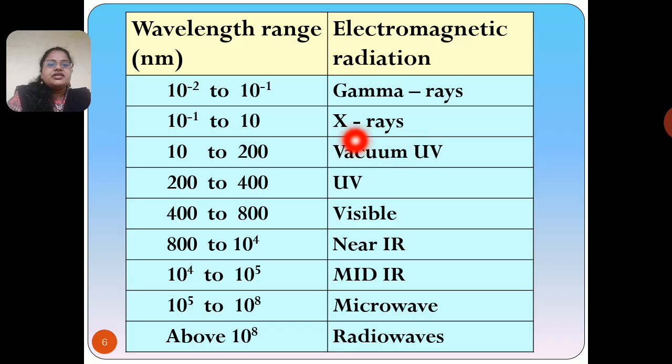Again, X rays have the wavelength range 10 raised to minus 1 to 10 nanometer. Likewise, vacuum UV, visible, near IR, mid IR, microwave, radio waves, all these electromagnetic radiations have their corresponding wavelength range.